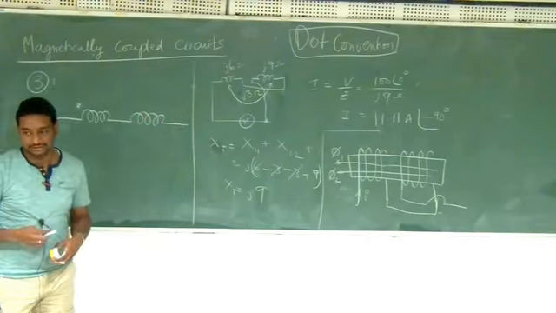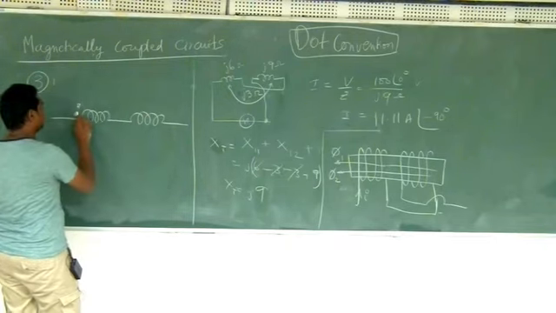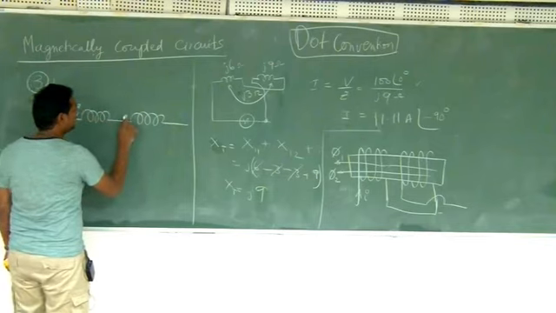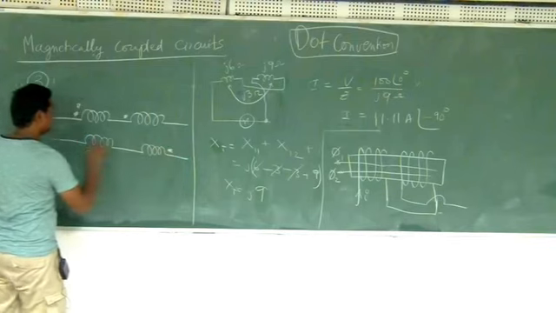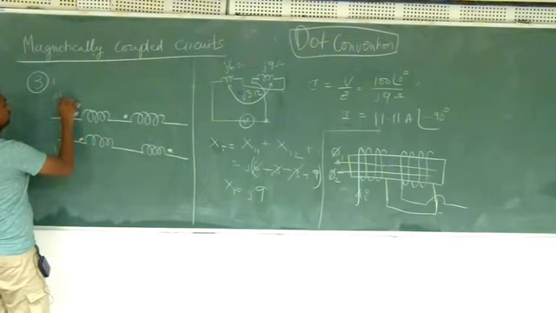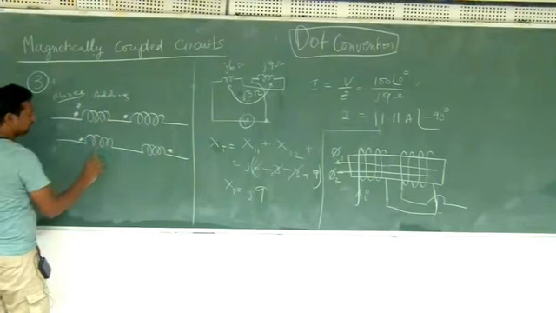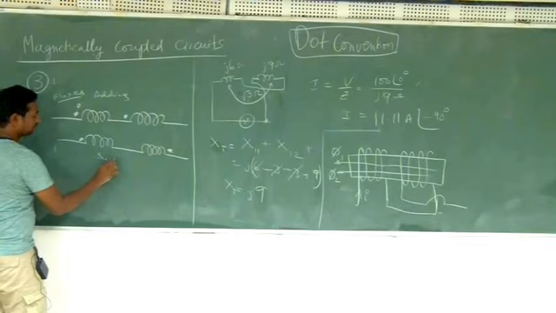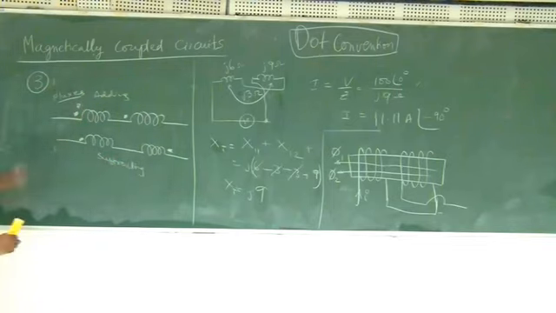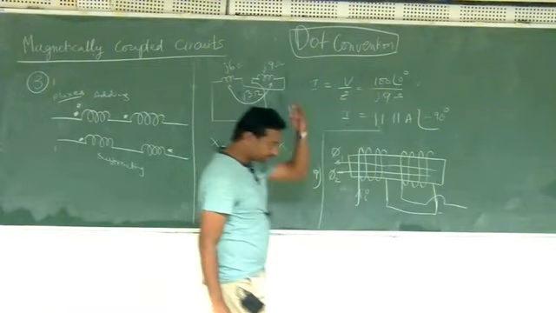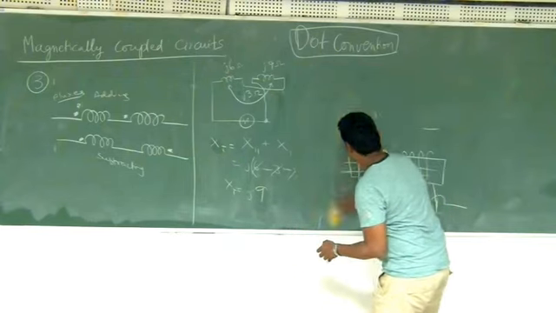But then to give the information whether they are adding their fluxes or separating their fluxes, I can put dots. So this is one case, and then this is another case, like this. Fluxes adding, and then here subtracting. So how do you understand this? Let me write the dot convention here. You can also write down.